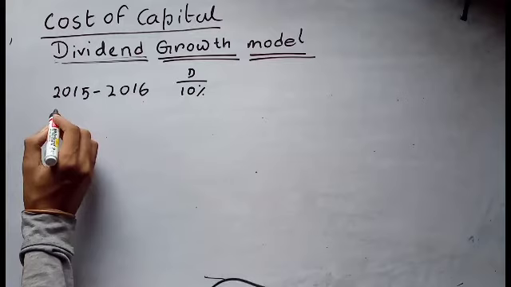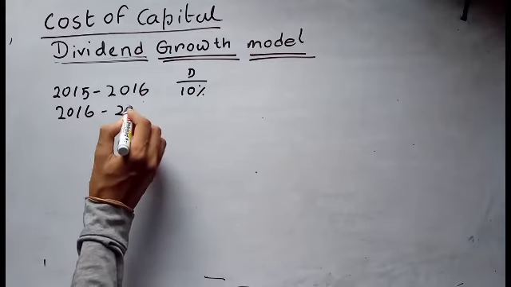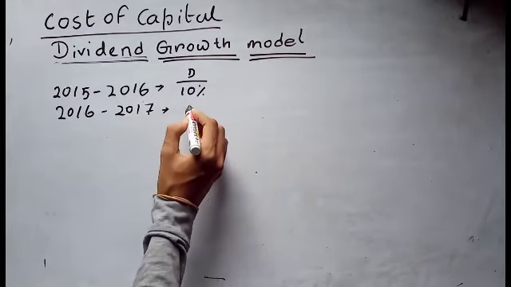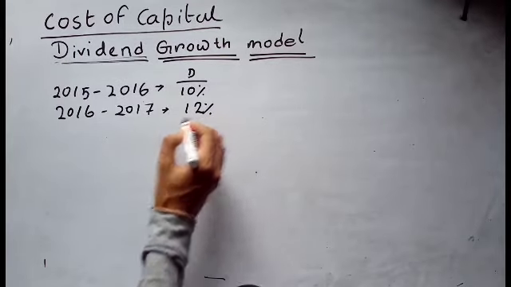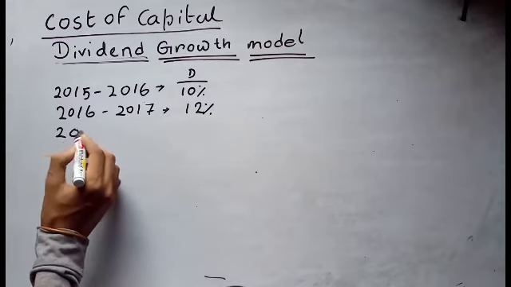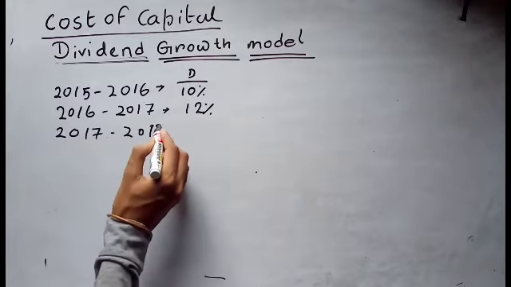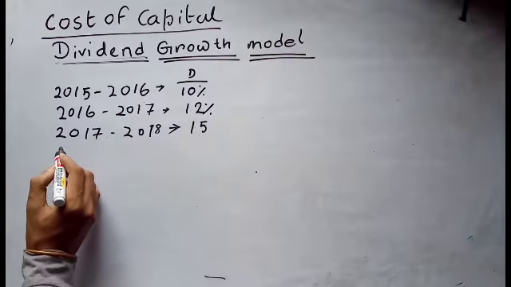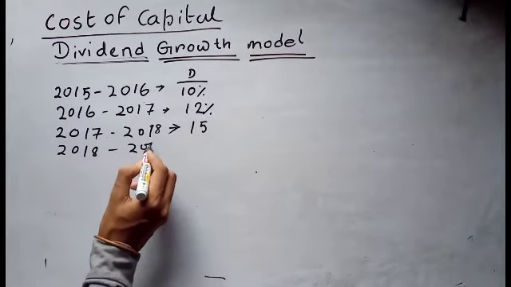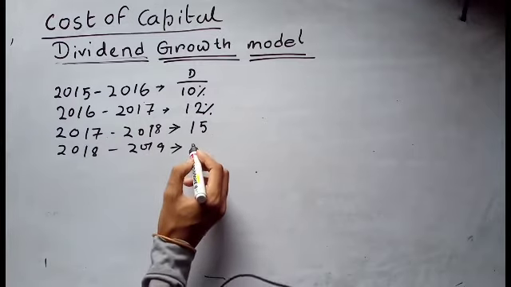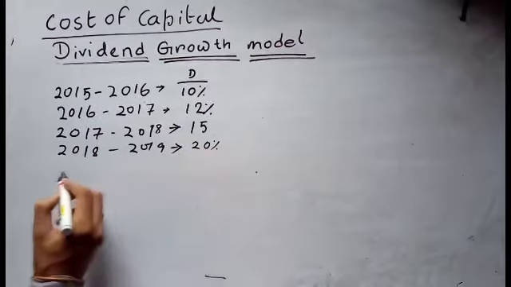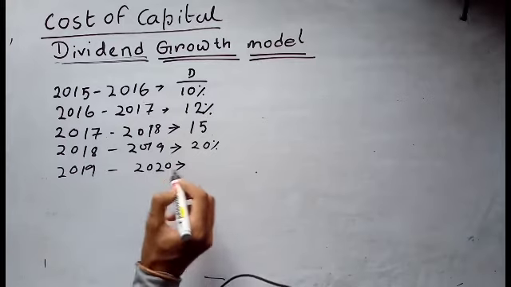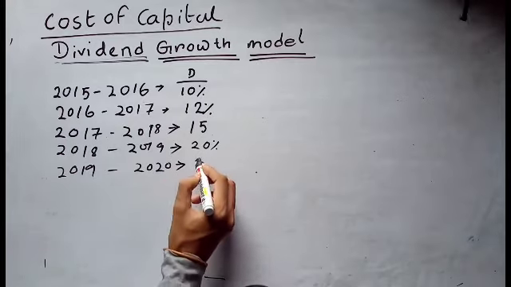In the next session, 2016 and 2017, the dividend rate is 12%. 2017 and 2018, the rate is 15%. 2018 and 2019, the rate is 20%. 2019 and 2020, the rate is 22%.